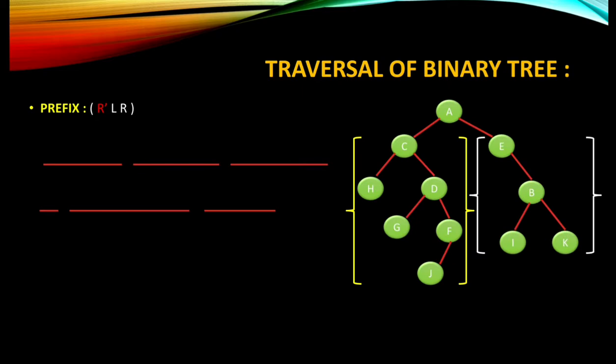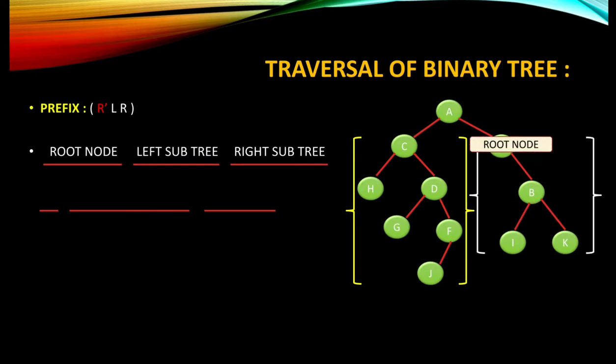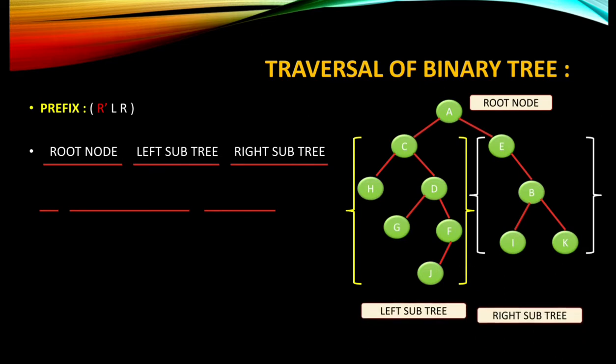See, now we are having a tree in front of us. We have to place root first, then left subtree, and then right subtree. It is a basic order. Now we are having A as root node, and now see how we are going to do that. First of all, it is the left part, it is the right part.